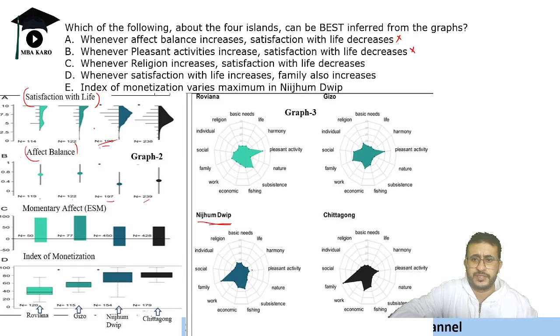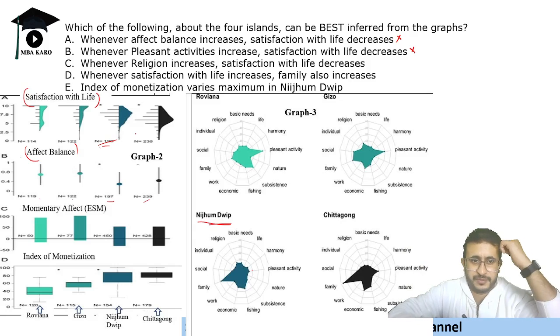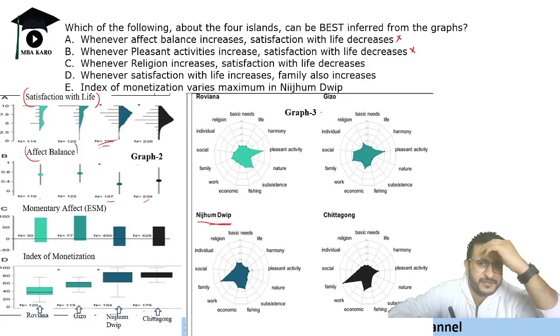So it was a tedious task to go through all these graphs and then attempt it, because on a computer screen you have to drag and scroll a lot. So I did not attempt this question in the examination because it was not worth spending time on it. Religion, it says, increases, satisfaction with life decreases.